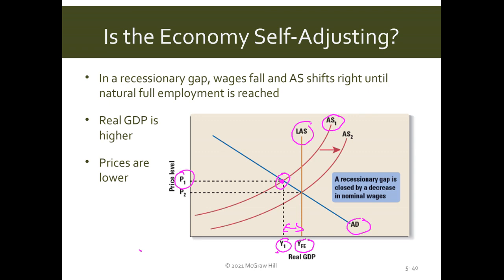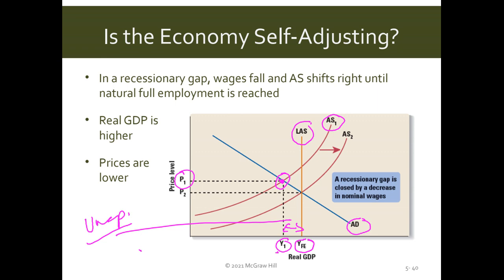According to the Keynesian view, government should increase its own expenditures and shift the demand curve to the right, like this. This is not an automatic adjustment process. This is the Keynesian view, that you just shift the aggregate demand curve.